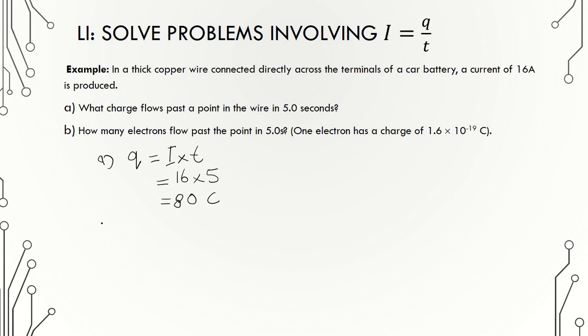Now, part B. How many electrons flow past the point in 5 seconds? If there's 80 coulombs of charge, the number of electrons, I'm just going to use this symbol for number of electrons, is equal to 80 coulombs divided by the charge of each electron, which is an absolutely tiny amount, 1.6 times 10 to the negative 19.